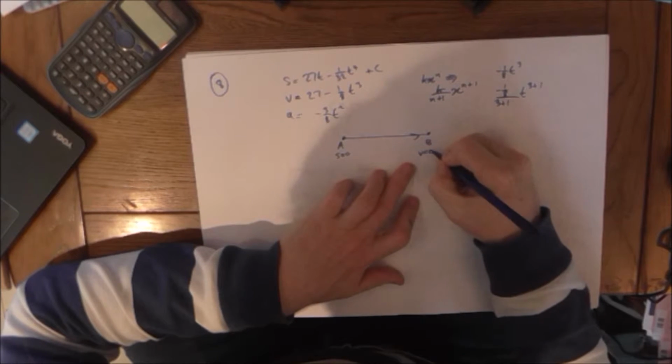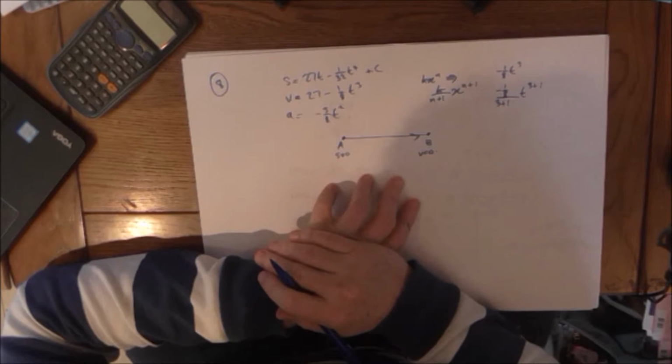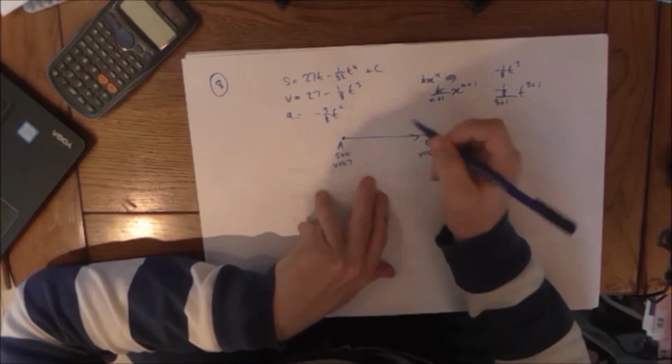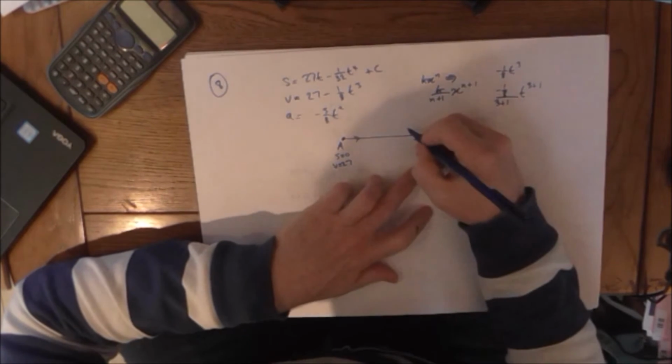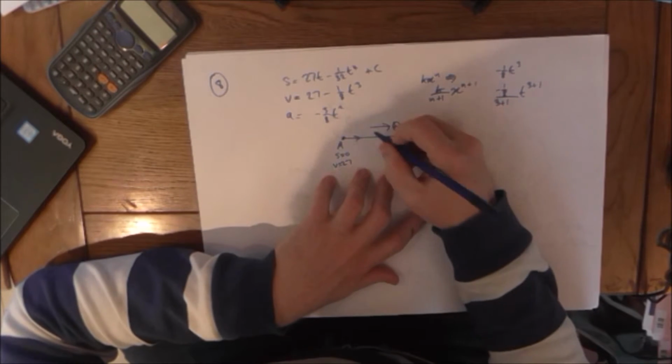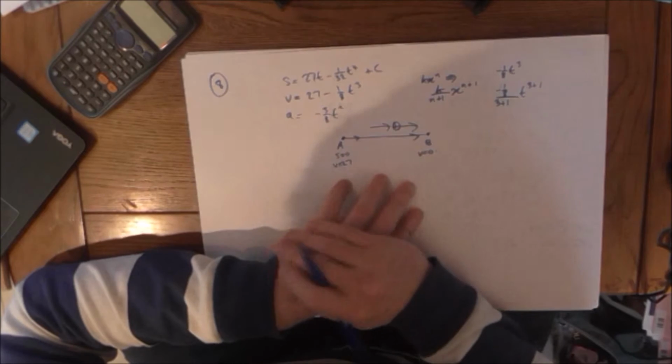The velocity, it comes to rest there, so the velocity is 0. At t equals 0, its velocity is 27, so it's going pretty decently fast in the positive direction. So that's the positive direction there. And that's positive displacement over this side, negative displacement will be over that side.